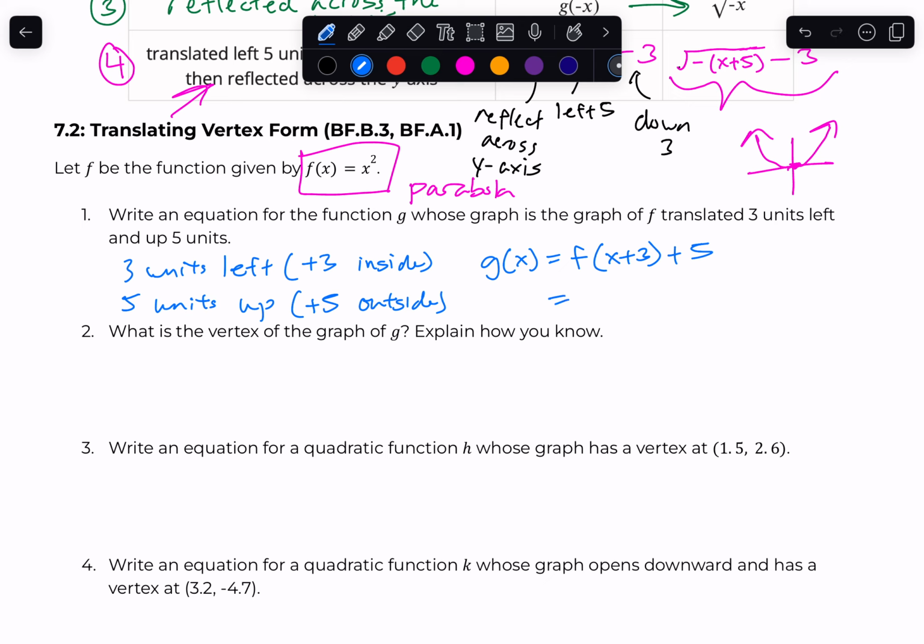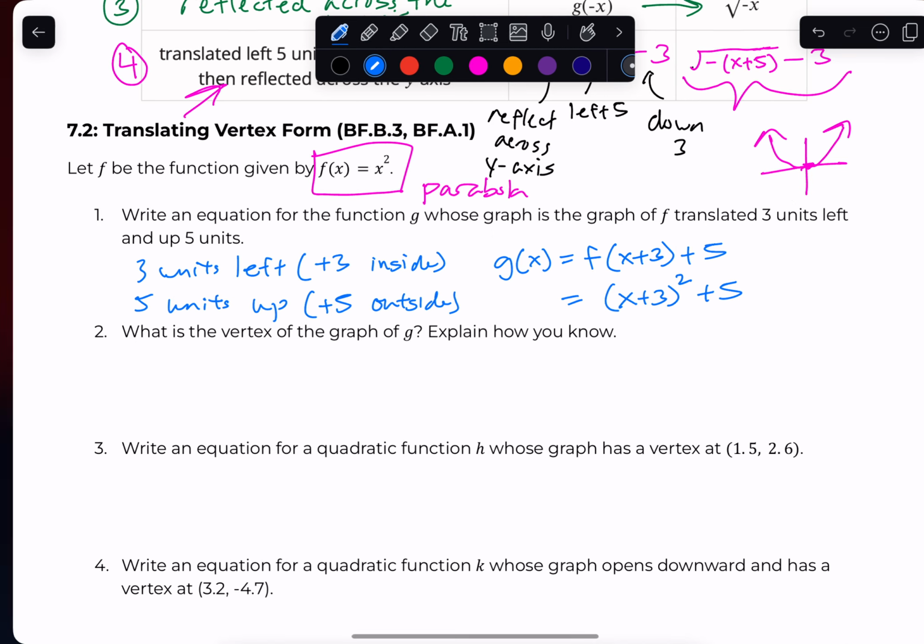So I'm going to write x plus 3 squared and then plus 5. This takes my x squared graph and makes it go 3 left and 5 up. I'm going to show you on the graph right now how that works.